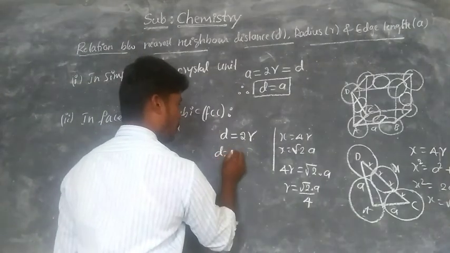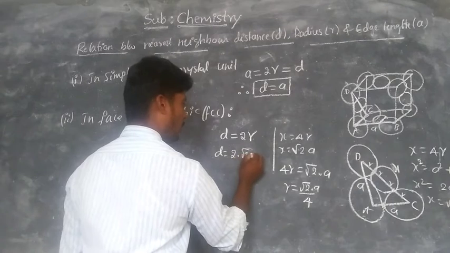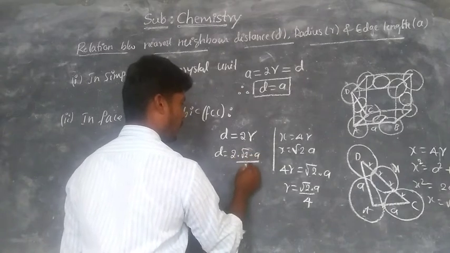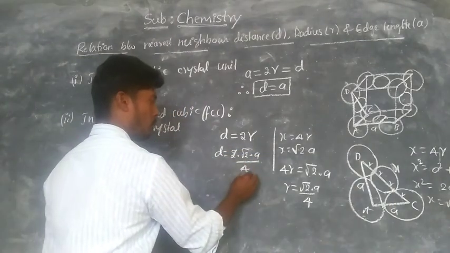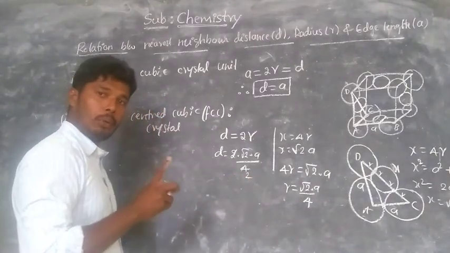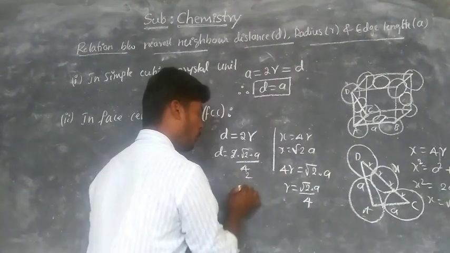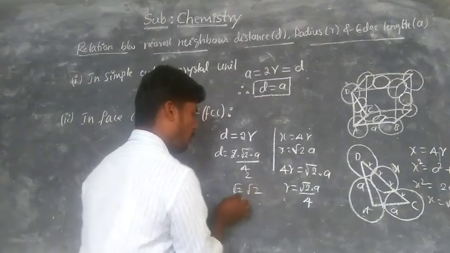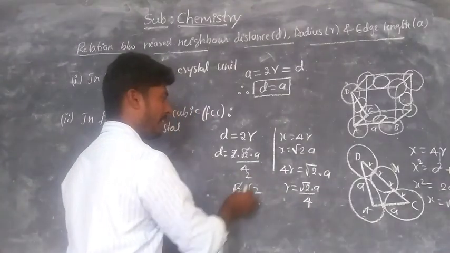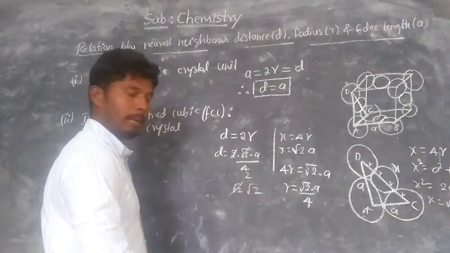D is equal to 2 into root 2 into a divided by 4. Two ones are two, two twos are, and you know the 2 contains 2 root 2's. One root 2 and one root 2 get cancelled. Finally you get a by root 2.